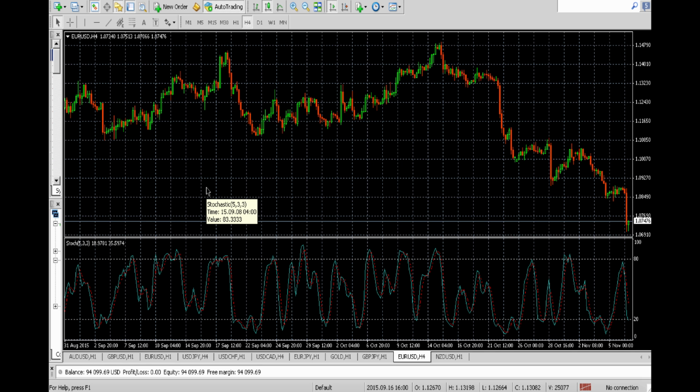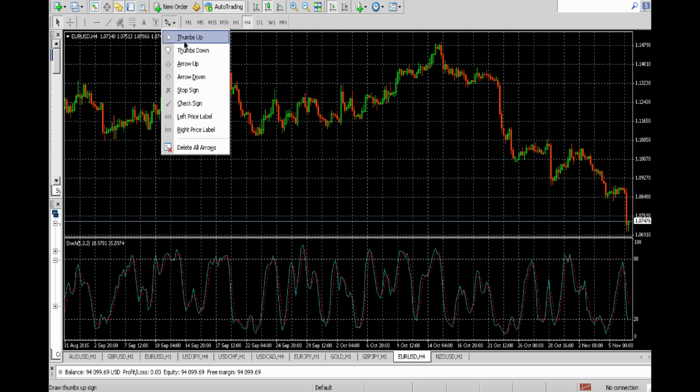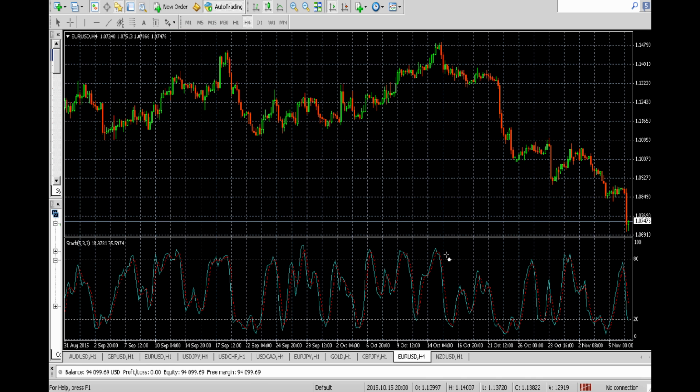Let's take another example. Now if you look here, the stochastic line is going up, it passed the 80 line, and when it turns back down, right here, this is where the sell signal happens. So let us take a marker.